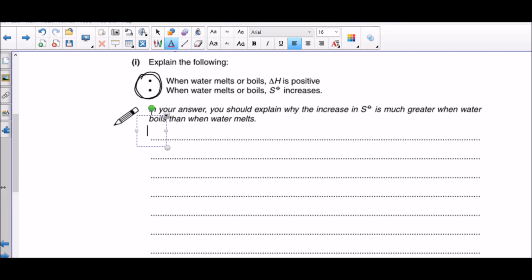So we say, apologies I don't have a delta sign. If you think about it, we're going from ice to liquid water, or from liquid water to steam, what we need to do is break intermolecular forces.